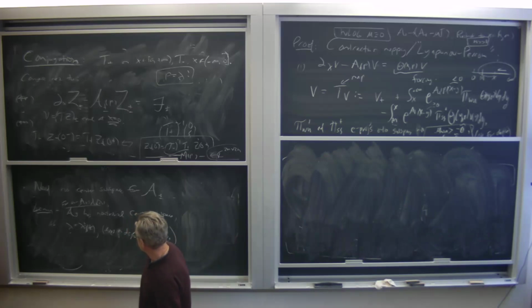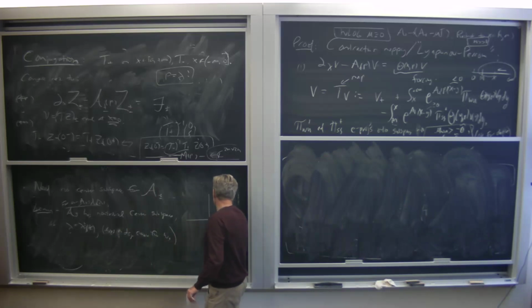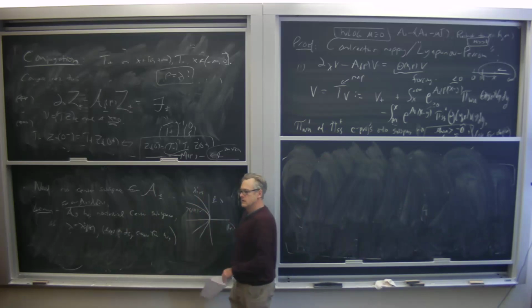So these dispersion curves that we drew, these were lambda 1 plus of ik, lambda 2 minus of ik. They were dispersion curves.